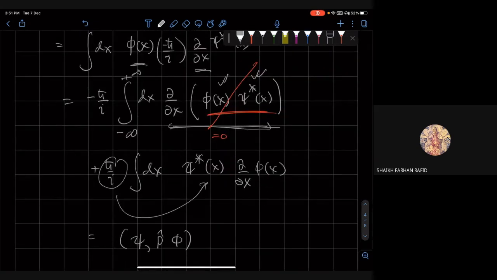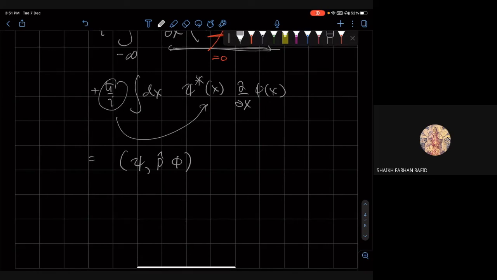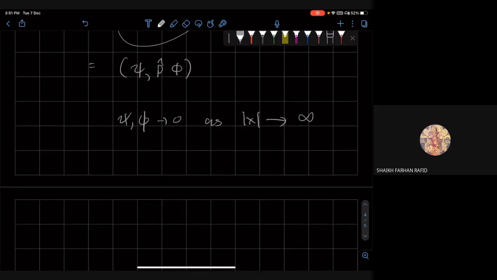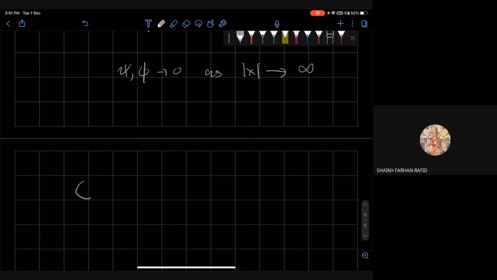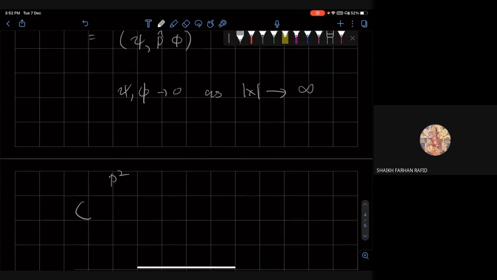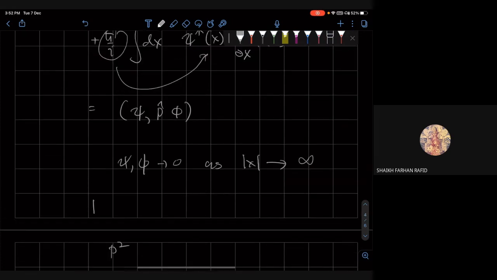But of course, to prove this, we had to assume that psi and phi go to 0 as x goes to infinity, right? And that's all we have to show. And then, when this happens, we say that p is self-adjoint. It's not just Hermitian, it's self-adjoint.